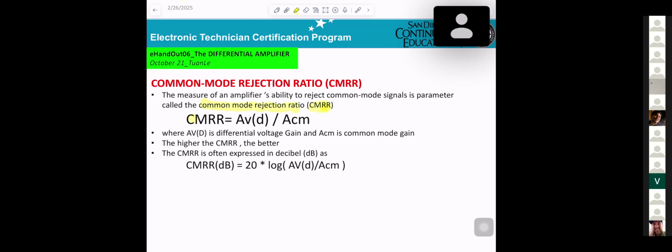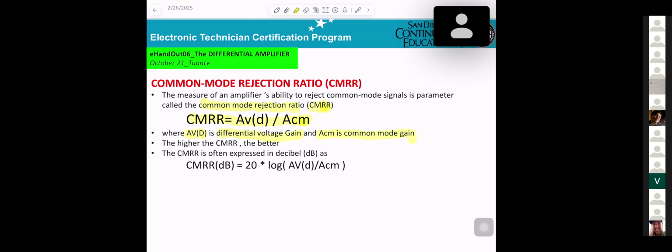And the CMRR formula will be equal to AV, that means the gain of the differential amplifier, divided by ACM, the gain of the common mode, where AV is differential voltage gain and ACM is common mode gain.